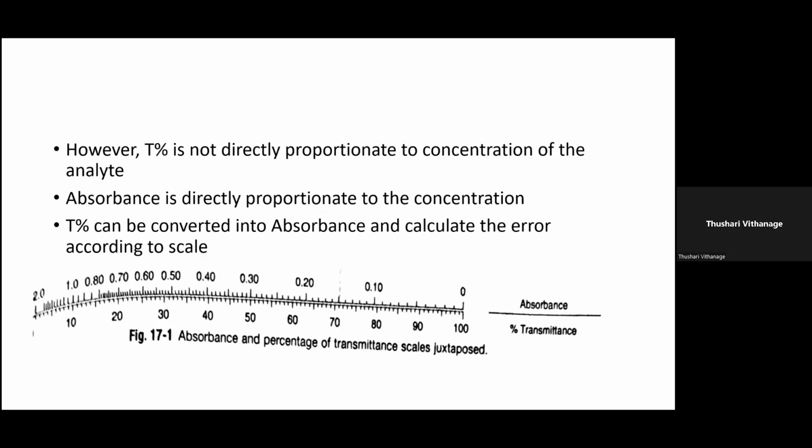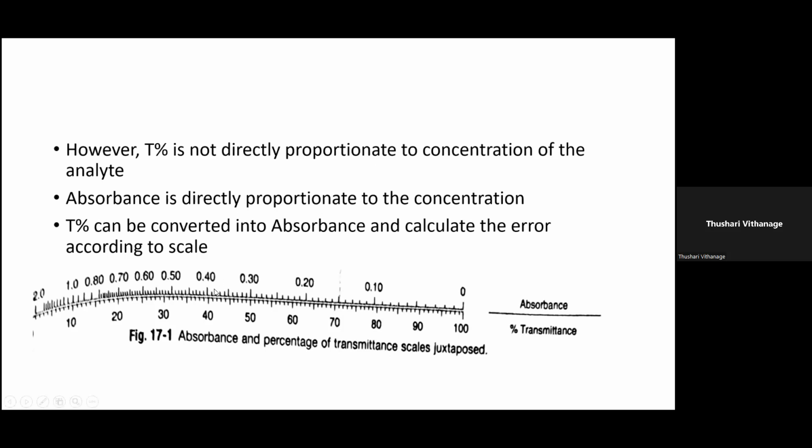However, percentage of transmittance is not directly proportionate to the concentration of analyte. Absorbance is the one directly proportionate to the concentration. So we have to convert percentage of transmittance to absorbance and then calculate the error according to this scale given here.